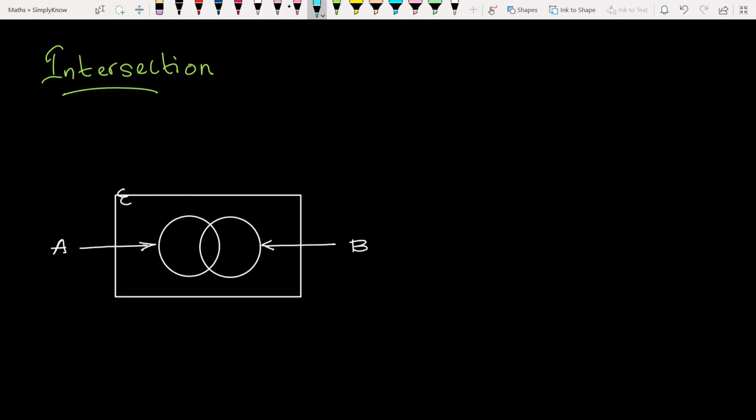Okay, now let's take a look at intersections. These are a bit harder than the unions. So how do we shade intersections? Okay, I'm going to start with a simple one. Let's say you want to shade A intersection B. This is the symbol that we use to indicate intersection.